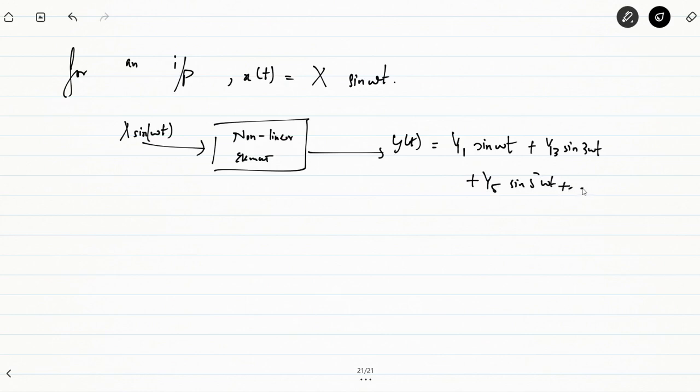So it will be the Fourier analysis that will be used in case of the describing function method to find out the output.